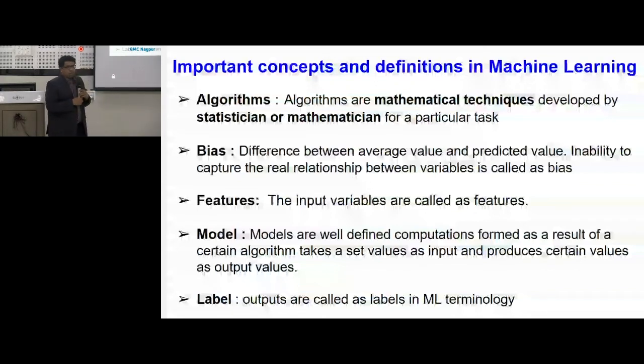Then what are features? Features are whatever input we are giving. Like we are giving ECG inputs, or the size of the tumor. Everything can be called a feature. What is a model?